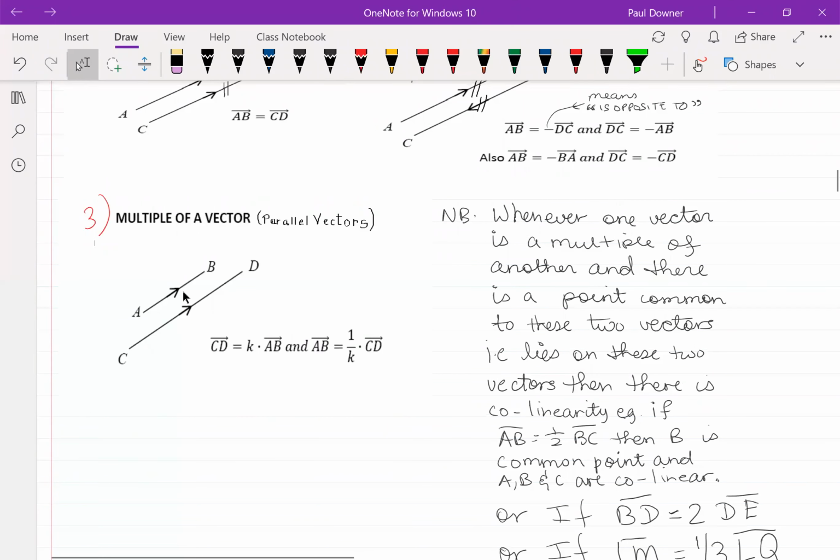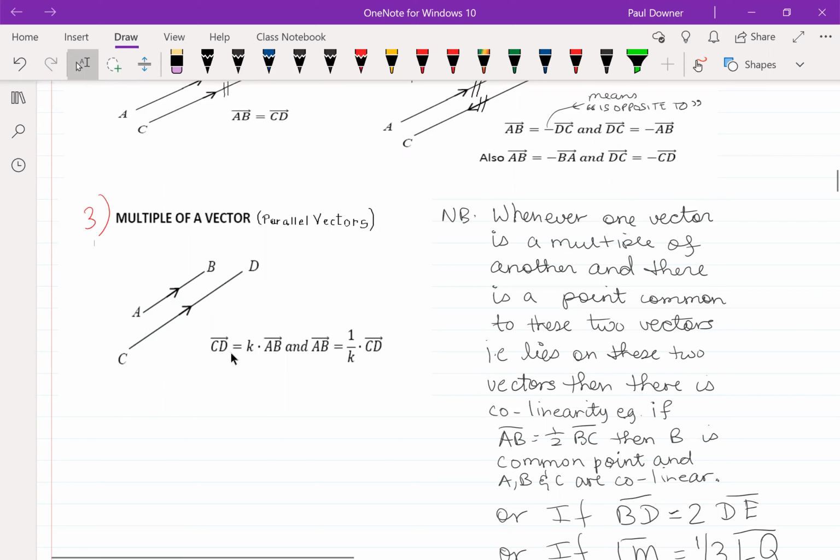Now, in our exams, once you could show that one is a multiple of the other one, then that is proof that they are parallel. So if I could show that CD is some multiple of AB, then it shows that they are parallel. Or if I could show that AB is some fraction of CD, then they are parallel.